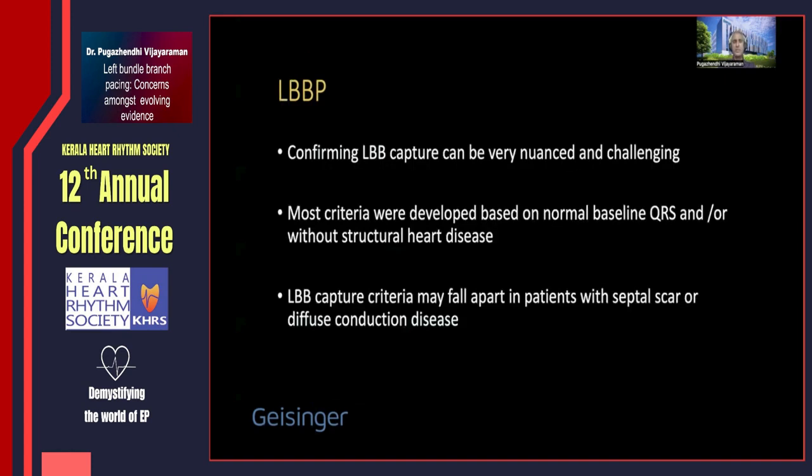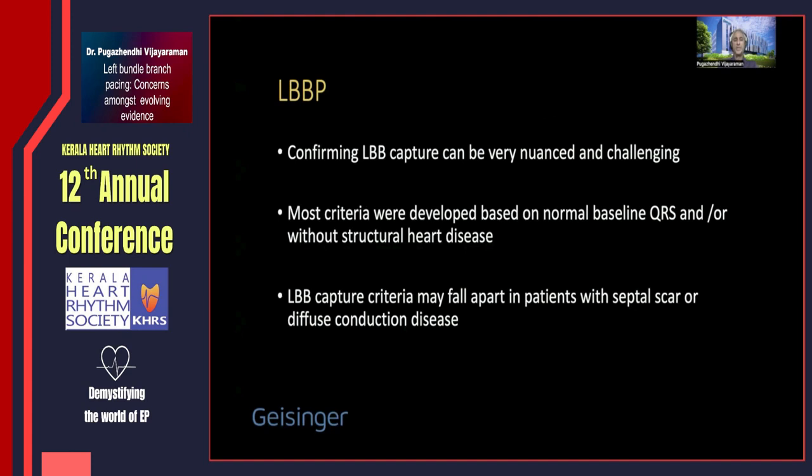However, confirming left bundle branch pacing capture can be very nuanced and challenging. Unless you pay close attention and are very rigorous, this gets muddied very quickly in the name of left bundle branch area pacing.